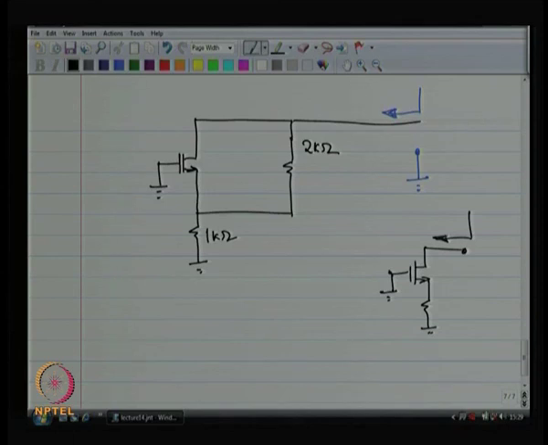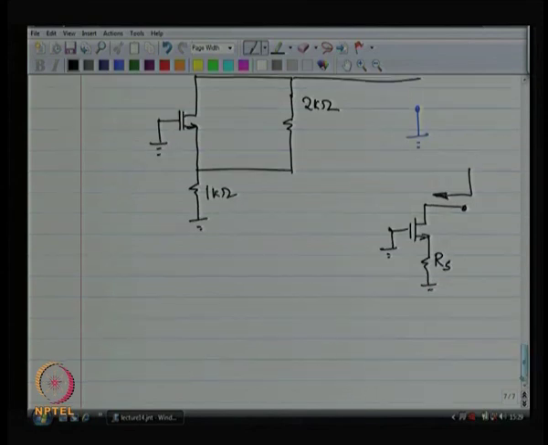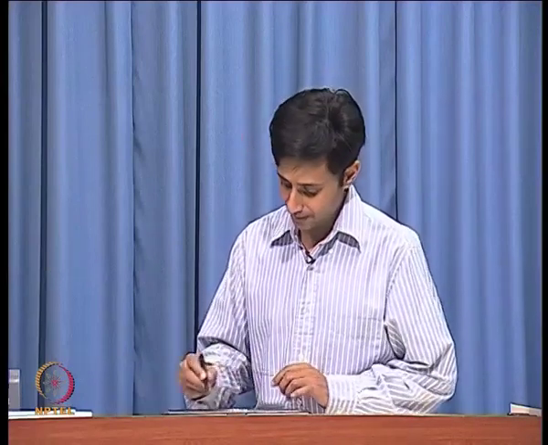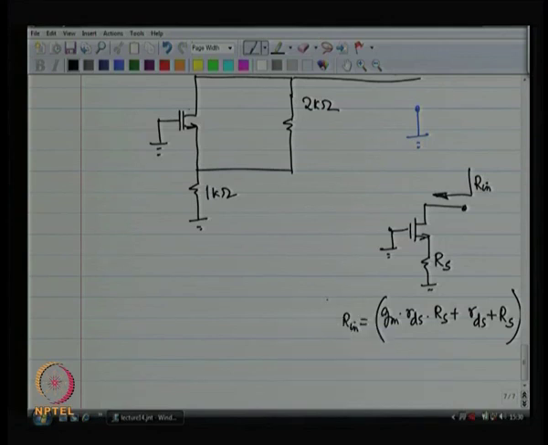And the input impedance looking in from the drain, with RS sitting on the source, is basically gm times RDS times RS, plus RDS, plus RS. That is basically the precise expression for the resistance looking into the drain. Okay. If you do not remember this, I suggest that you memorize this. This is a very, very useful formula.